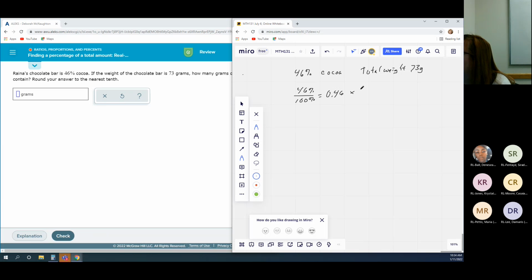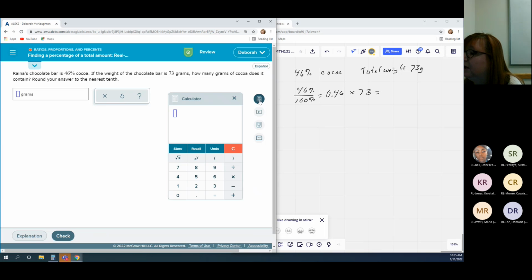And then we multiply that by 73. Since they give you a calculator, you can do that all in one step: 46 divided by 100. Just make sure you put parentheses around it so you don't multiply in the denominator, times 73. So you can just do it all in one step like this.